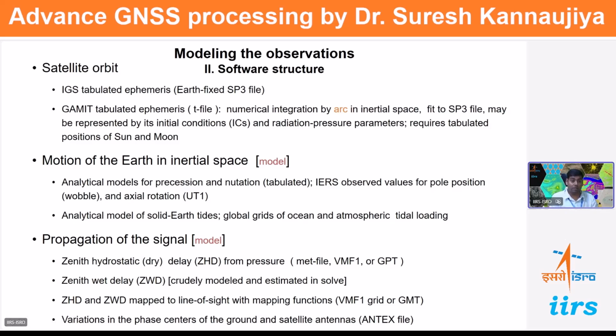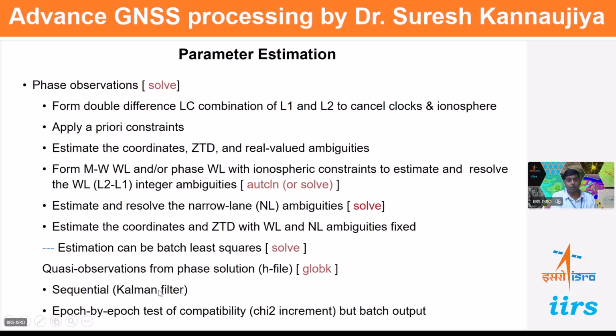You have to keep your running data and your error budget folder. Then you have to make table information, like satellite information, antenna information, and receiver information. All this information is required during the processing, apart from your model information.